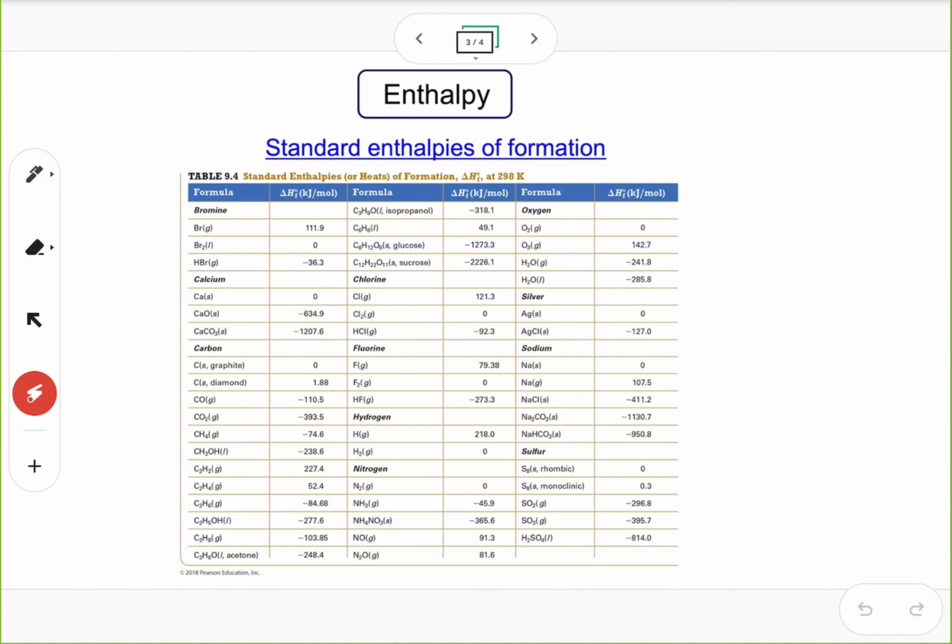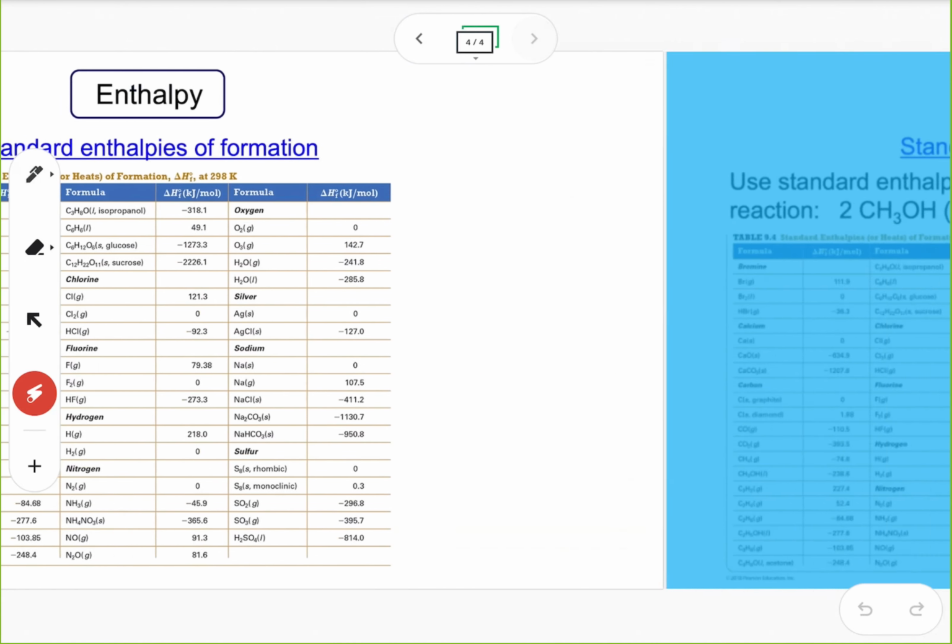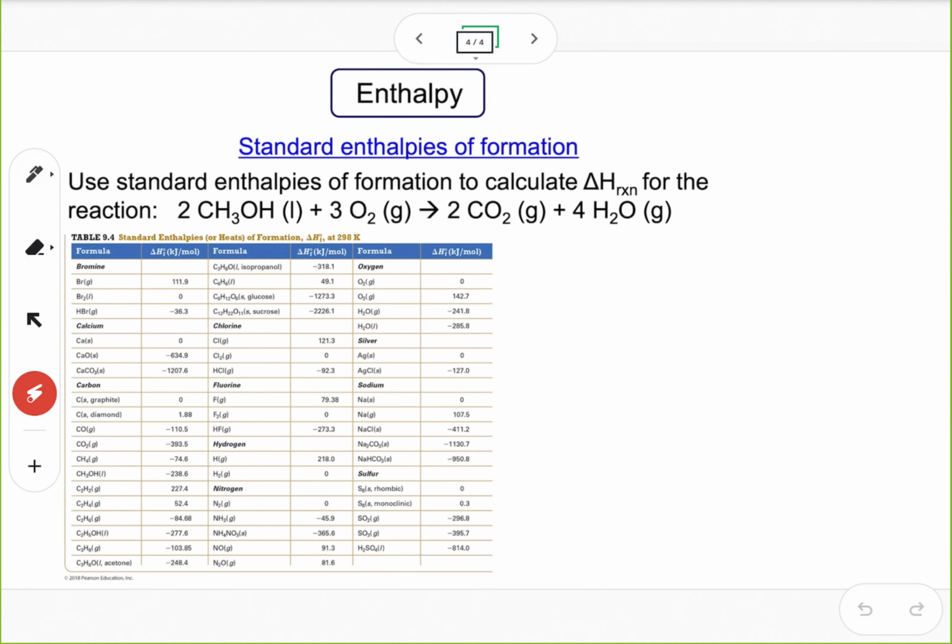Let's take a look at this example. Use standard enthalpy of formation to calculate delta H reaction for this reaction. Like I said, in theory, you can perform this reaction in your lab to find out the delta H reaction experimentally.